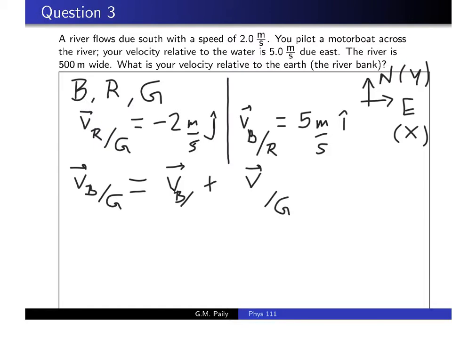In this case, the common letter that cancels out must be R. Plugging in the numbers, the calculation is straightforward. This is the velocity of the boat with respect to the ground. Let us keep this in mind and move on to the next part of the question.